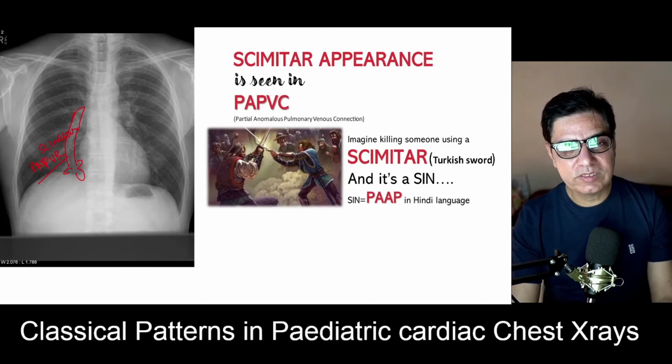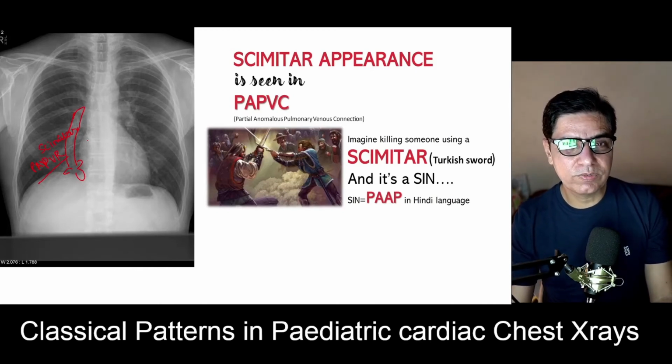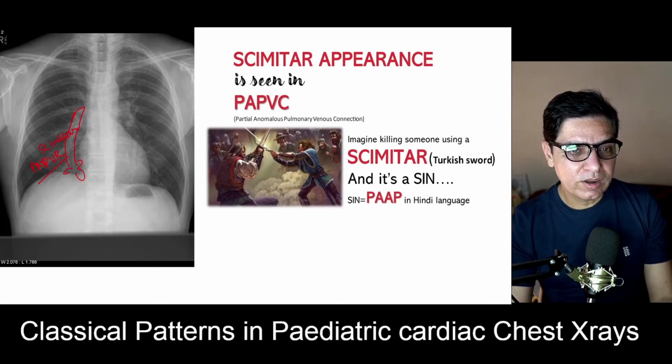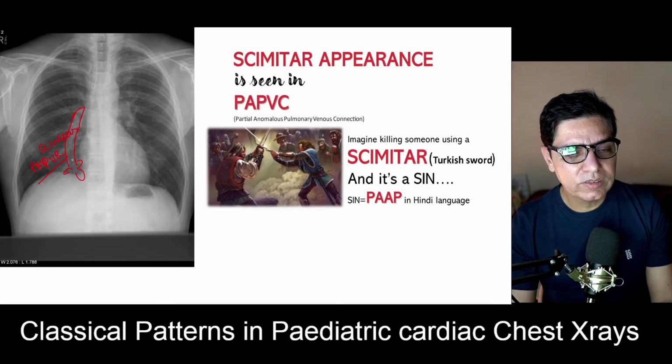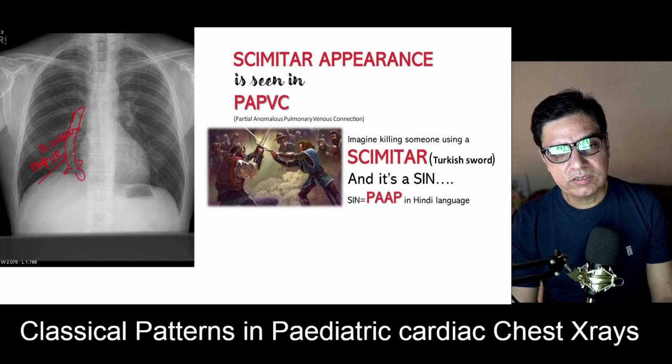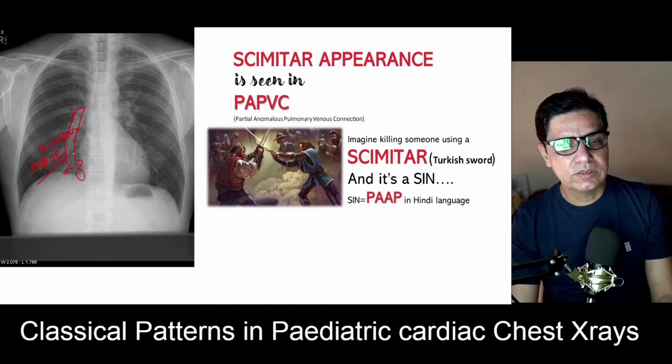So how to remember the scimitar sign if somebody asks you: it is a sort of sword type of sign which is always adjacent to the right border of the heart. If you see something going upward, superiorly elongated, sort of a biconvex structure on the right side of it, this is because of the congestion in one of the veins, and this is known as the scimitar sign. Scimitar means sword.